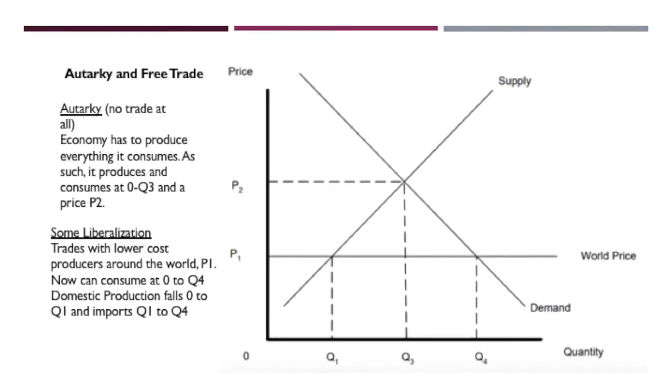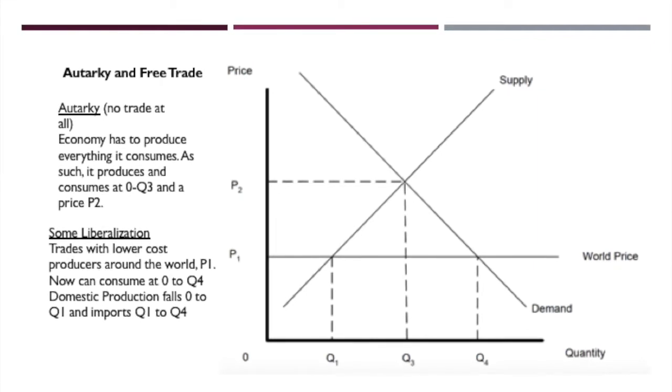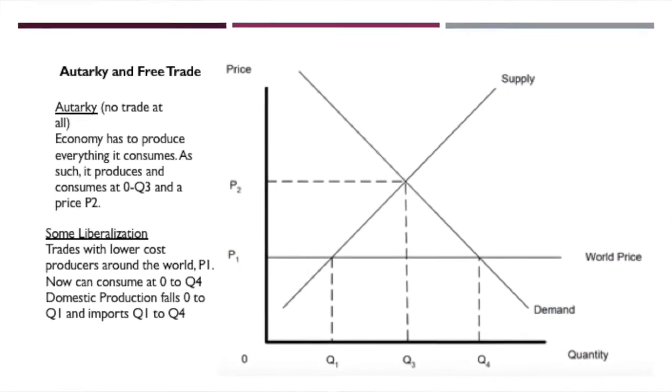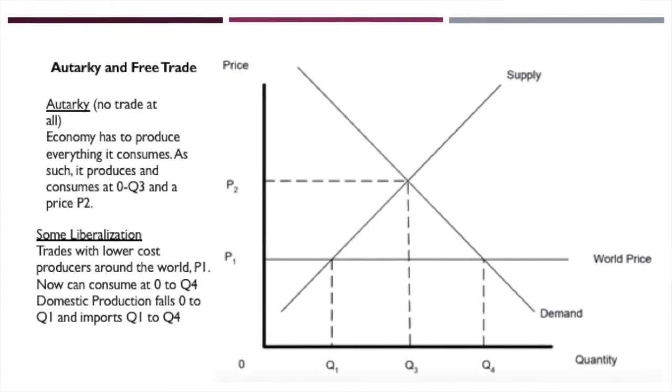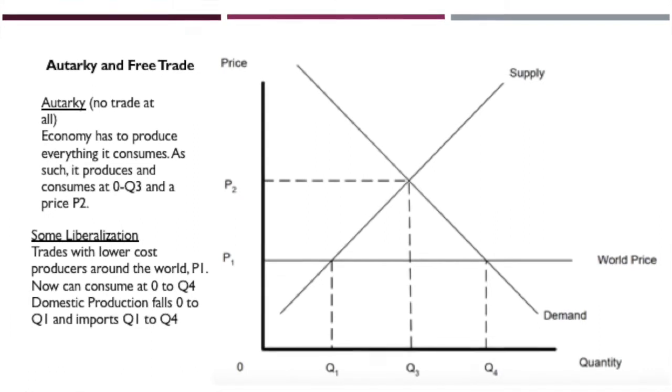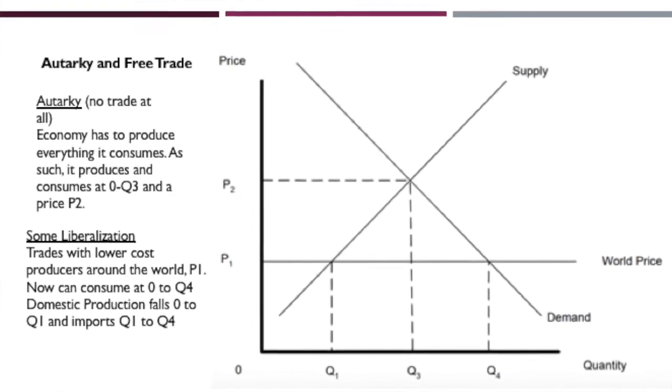Well, what about domestic producers that are producing things that we're now importing? As consumers, we're now getting stuff that is on our shelves in a quantity 0 to Q4, where before it was 0 to Q3. Well, one of the problems is that you can also imagine in this diagram or depict in this diagram some of our production challenges.